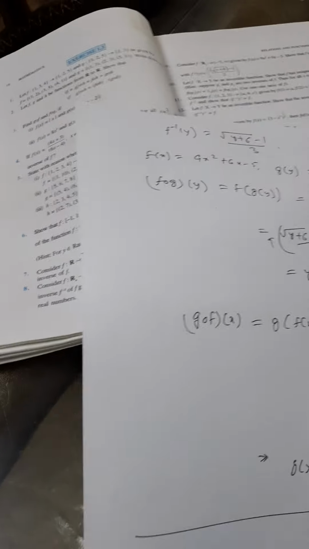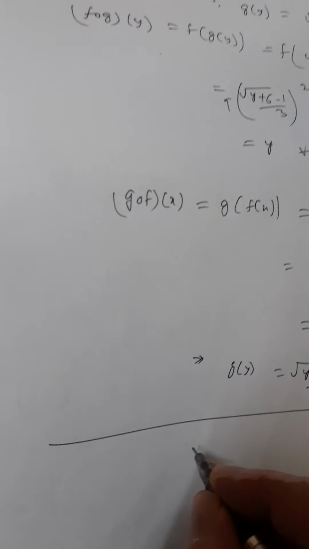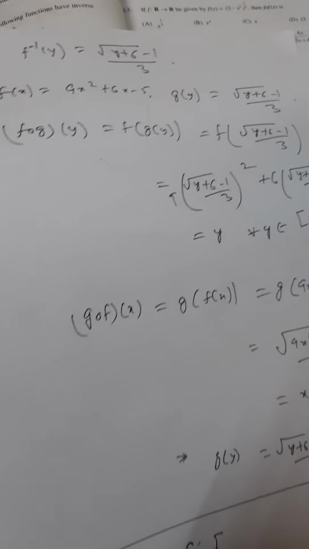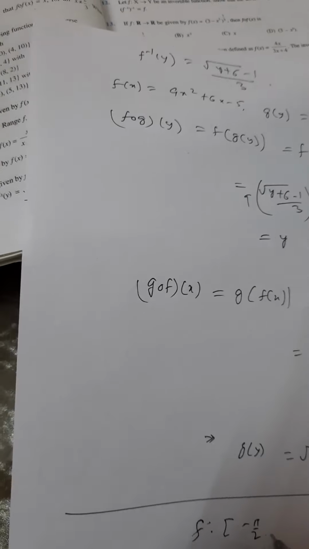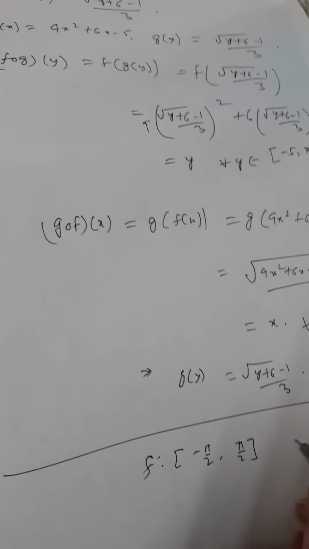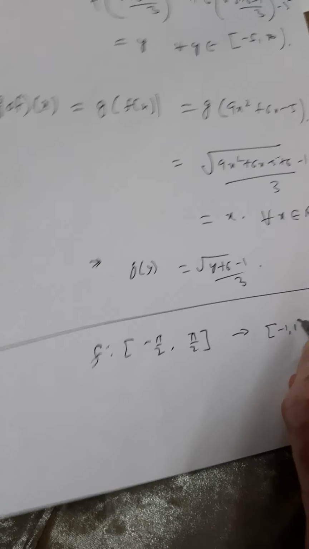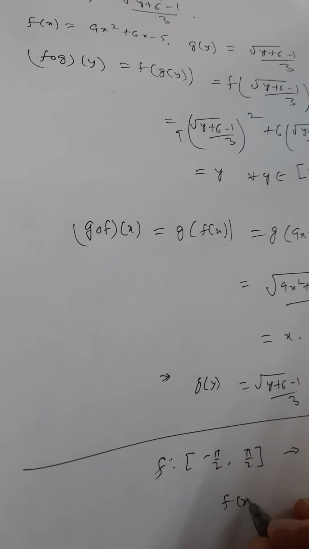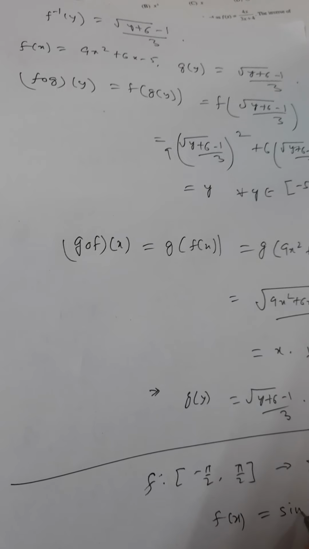Now class, last time I told you that f from minus pi by 2 to pi by 2 to minus 1 to 1, as f of x equals sin x, is one-one and onto. So it's invertible.